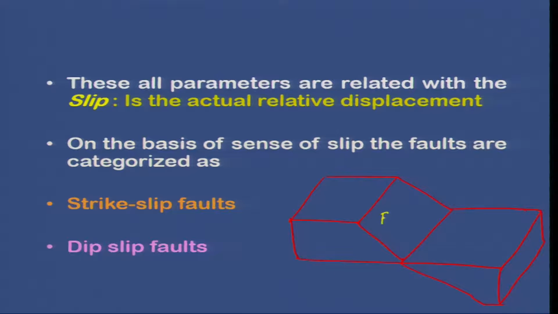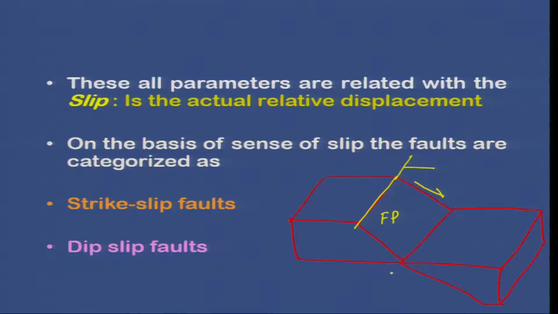This is your fault plane, and these are the blocks which were together once. The movement has taken place along like this. So, this is the dip plane, and this is the dip direction. If you take this here, this is your strike and this is your dip direction. Movement has occurred along the dip, so we classify this as a dip slip fault.